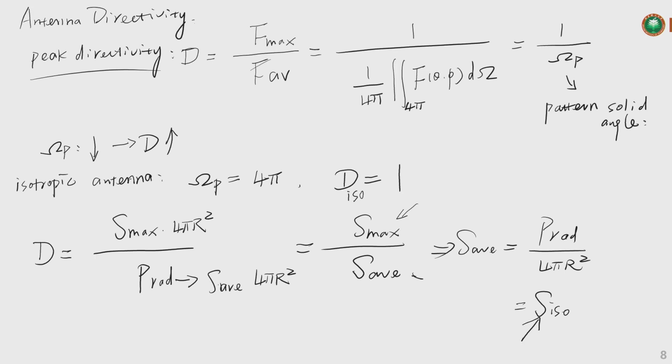So when we want to define the antenna gain or the directivity, we just take the isotropic antenna as the reference, because for the isotropic antenna its directivity is of course 1, so it's relative to the unit 1.